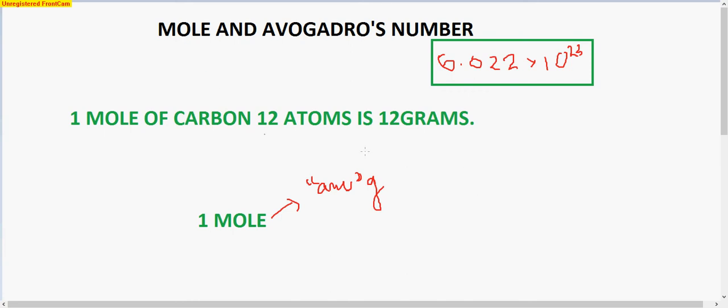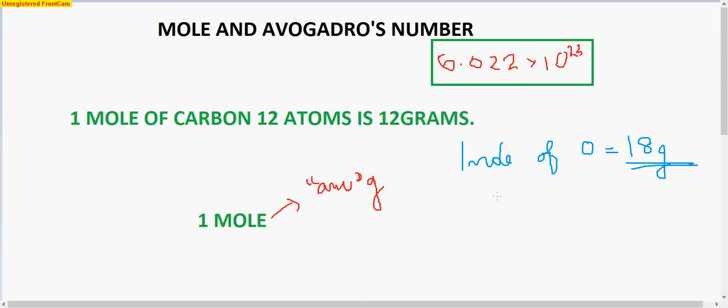If you take 1 mole of oxygen, now what is the atomic mass of oxygen? It's 18. You take 1 mole of oxygen, you will have 18 grams of oxygen.